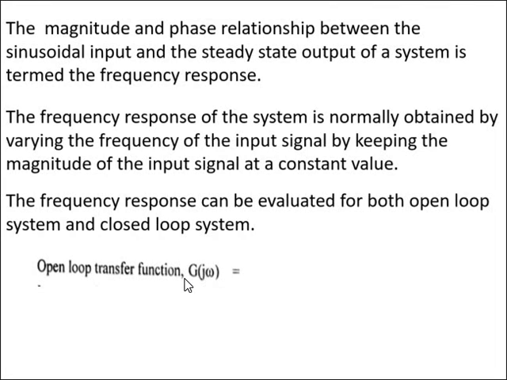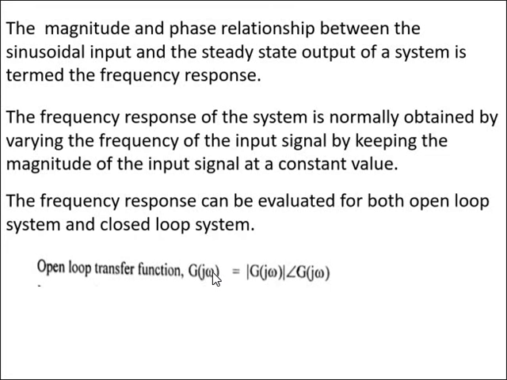Consider the open loop transfer function G of j omega. The frequency response is the combination of amplitude as well as phase. So amplitude can be written as mod G of j omega and angle can be written as angle of G of j omega. Here is a new representation, that is j omega.